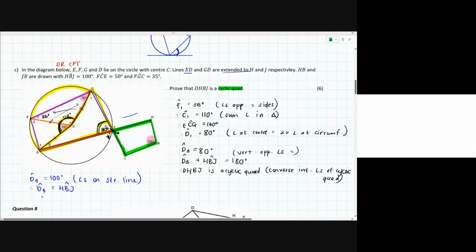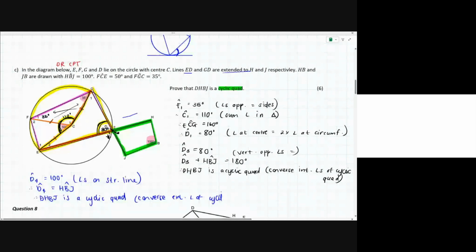They both equal 100. And so therefore DHBJ is a cyclic quad, because converse exterior angles. I will fix that cyclic now.